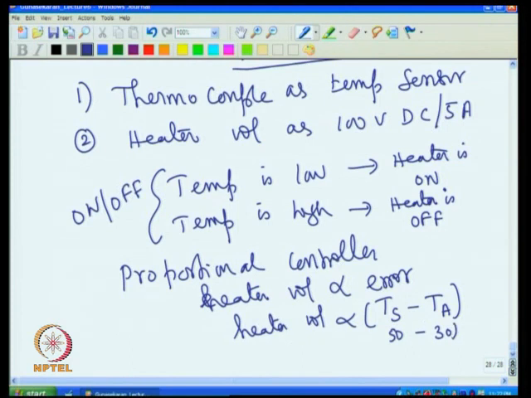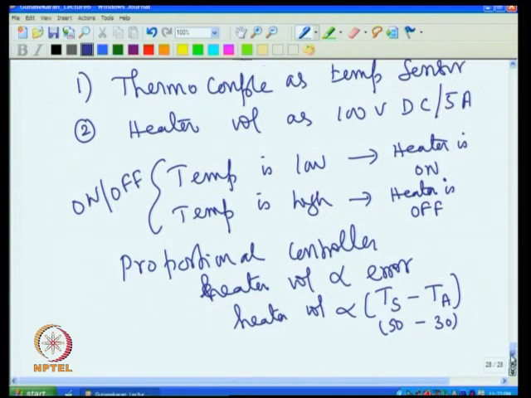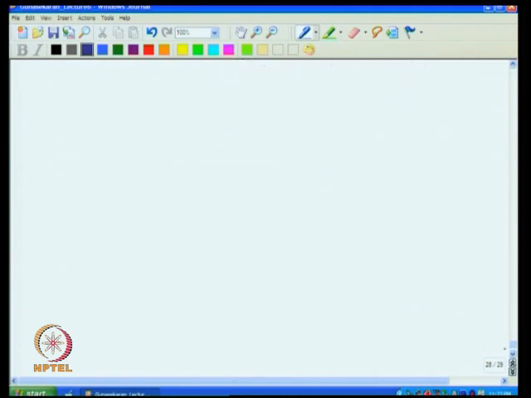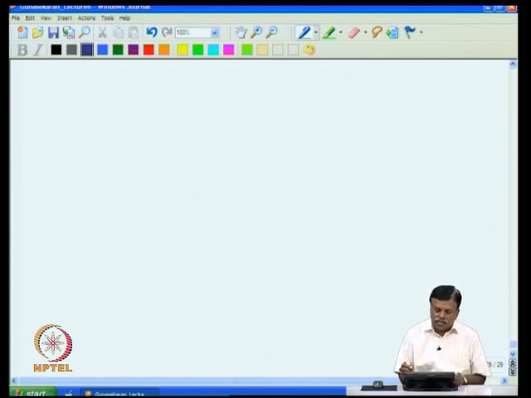So the heater voltage is no more on or off. It will be somewhere between on and off. That is, if you have 100 volt as the heater voltage, depending upon the error, the heater voltage can be anywhere from 0 to 100 volt. So the heater voltage is basically proportional to the difference between the set temperature and the actual temperature.